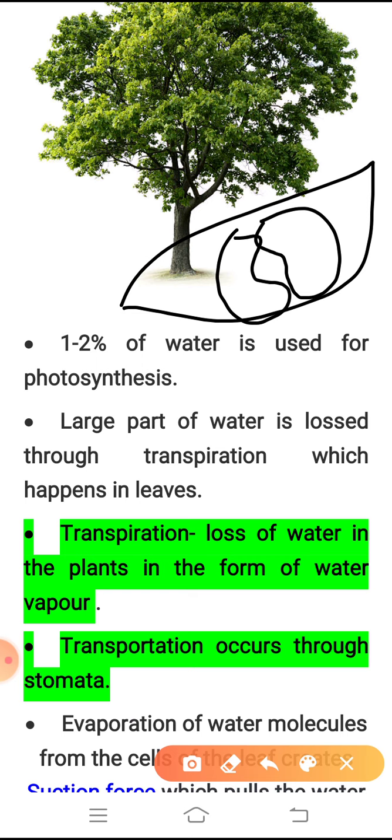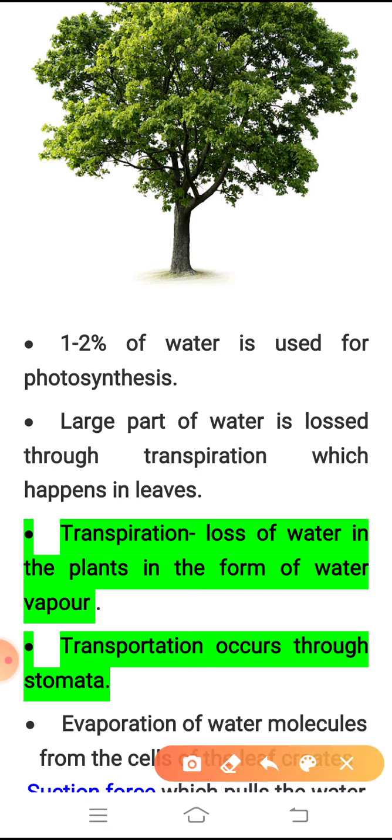As the water is evaporated from the cells, there will be a force which is created. Why is the force created? Because there is lack of water in the leaves, the leaves will now have a tendency to pull the water from downwards. As the water moves from down to up, transpiration is taking place.